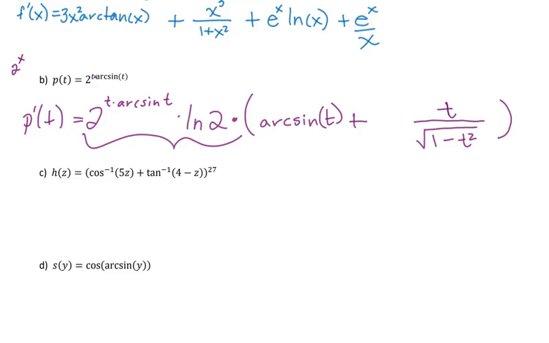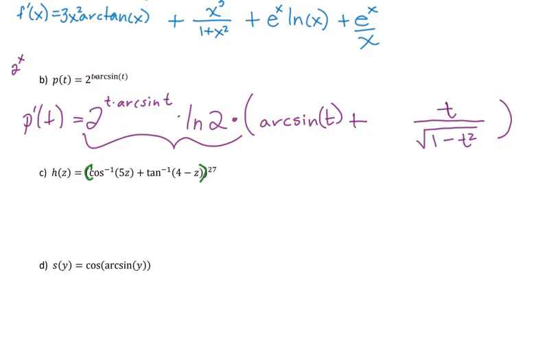All right, next is a big mess, so let's be really thoughtful about where the parentheses are. So I have inverse cosine of 5z plus inverse tangent of 4 minus z, and then all of that is raised to the 27. So the last thing happening, the big operation, is raising something to the 27. That's a function type thing.